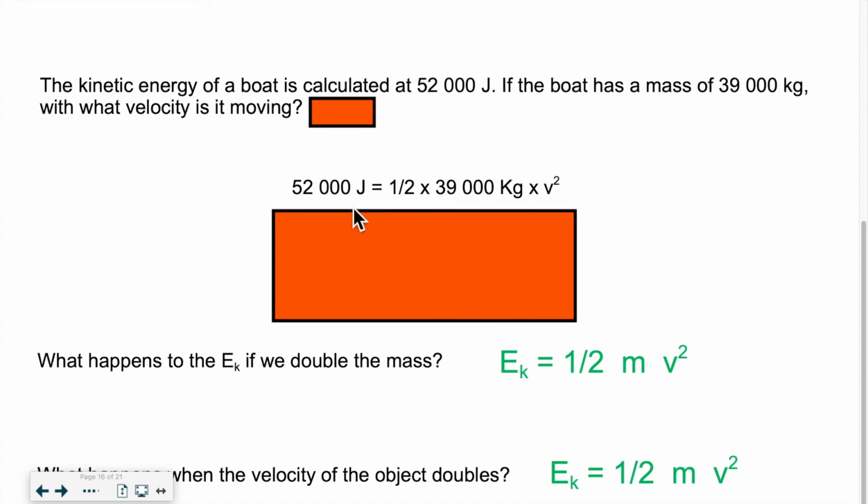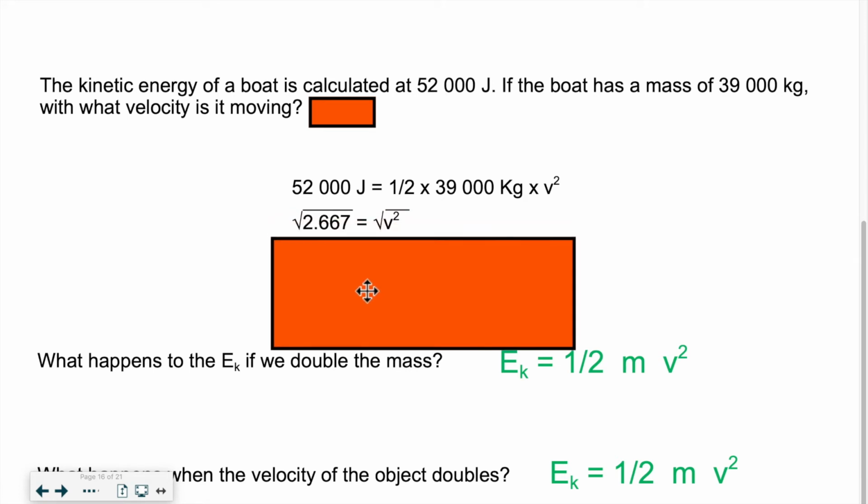So 52,000 joules is equal to 1/2 times 39,000 kilograms times the velocity squared. So if we multiply this and bring it over to the other side, we're going to get something equal to v squared. If we want to solve for v, we have to remember to square root both sides.